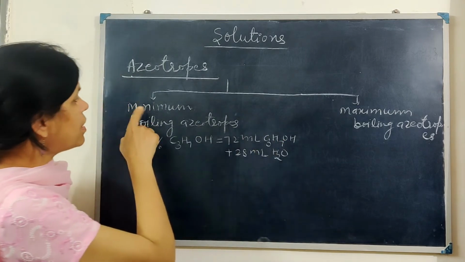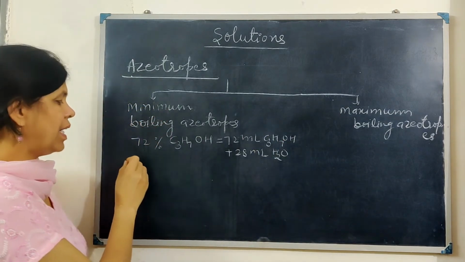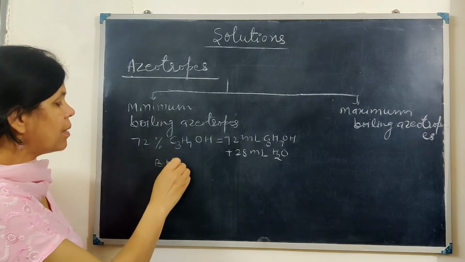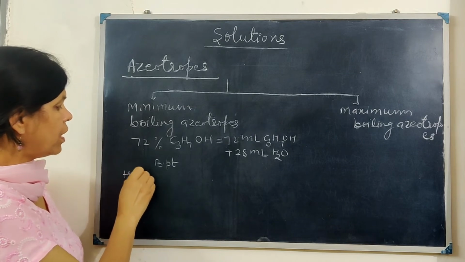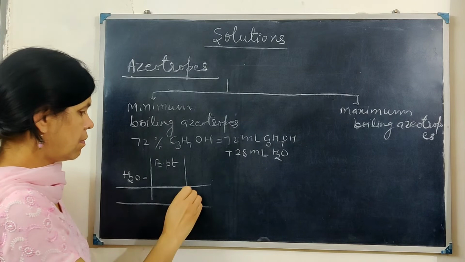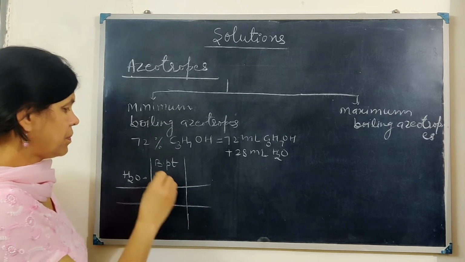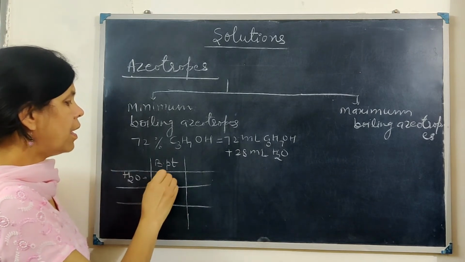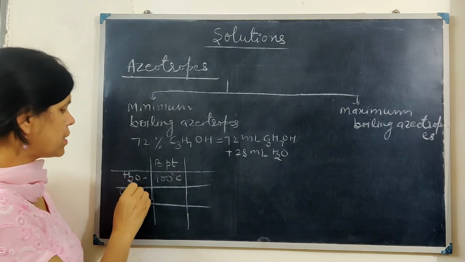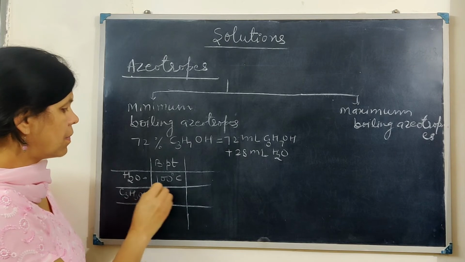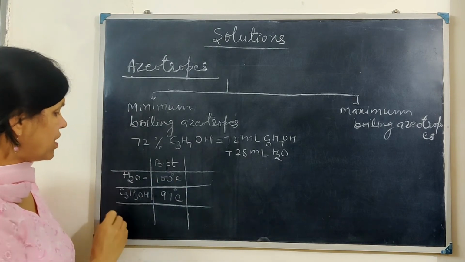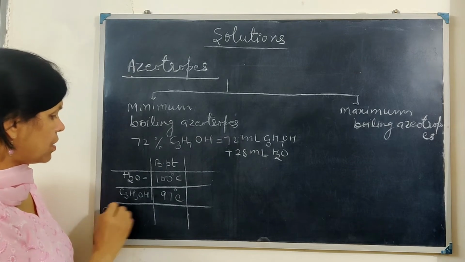See how it acts as minimum boiling azeotrope. You already know that the boiling temperature of water is 100 degrees Celsius and of propanol is 97 degrees Celsius, and the mixture of two, which is C3H7OH plus water.